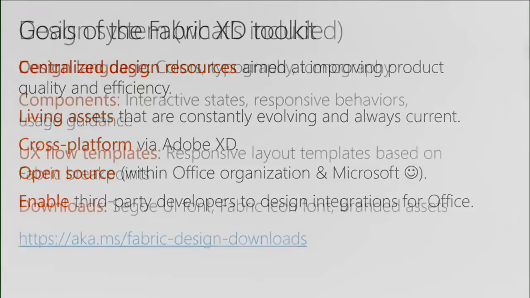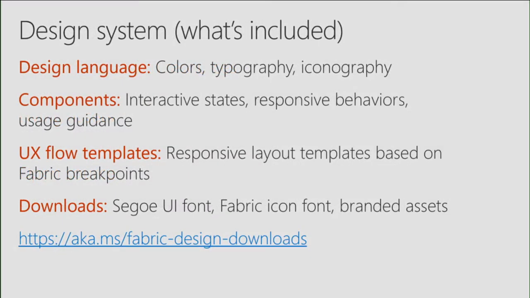Oh, wrong machine. And so I'll show you this really quickly, but what's included in the toolkit is the same design language that I talked about earlier. So these are the fundamental parts of Fabric Core and the React components.